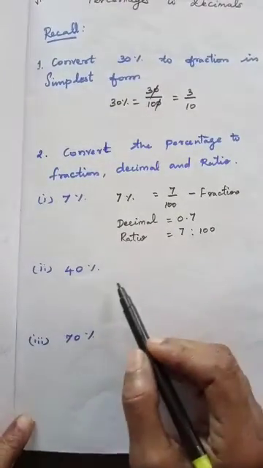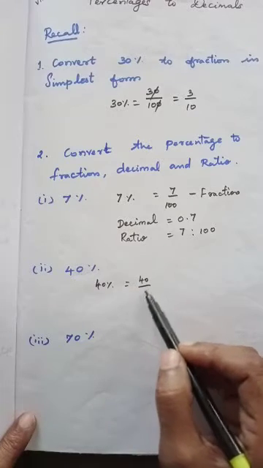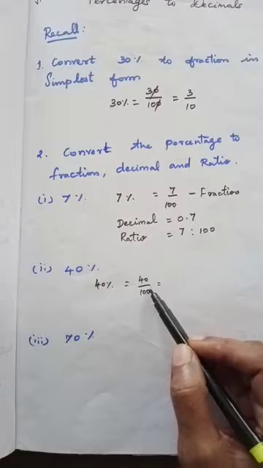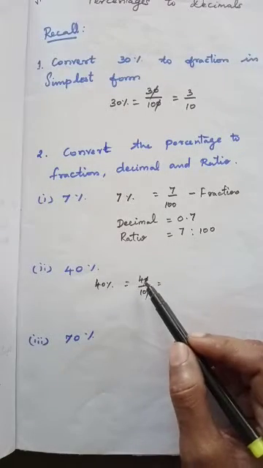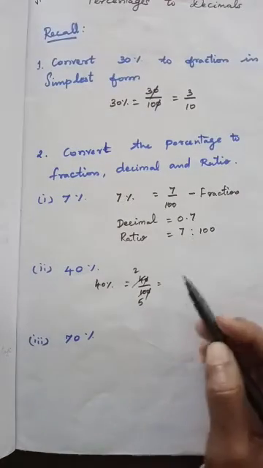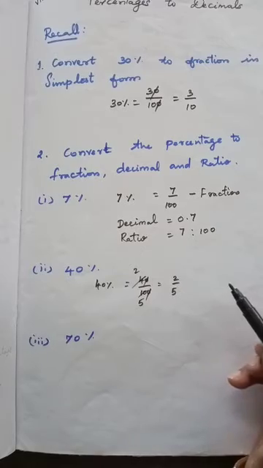40%, that is 40 by 100. This is a fraction. We can cancel this, isn't it? 0, 0 cancel. Then 2 2s are 4, 5 2s are 10. So the simplest form of the fraction is 2 by 5.